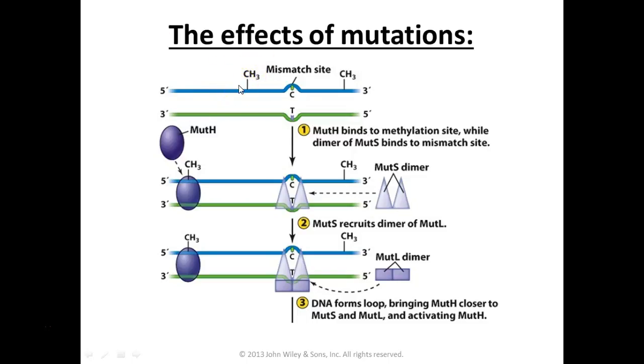It's a carbon and 3 hydrogens. It's a group known as a methyl group. Remember, we methylate our DNA when it matures so that we know that's the DNA that's been checked.